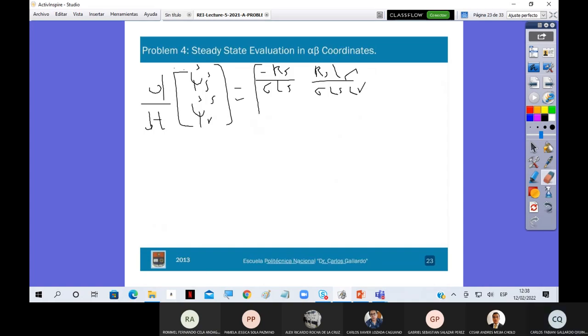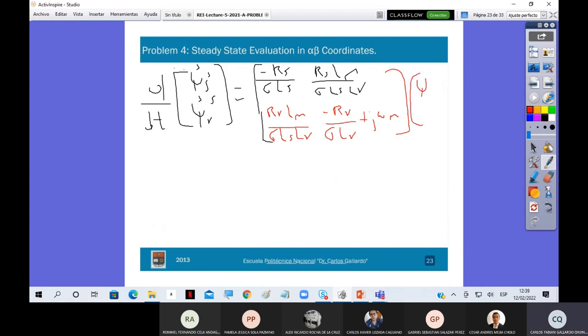In the second row, I will have the rotor resistance times the magnetizing inductance over the stator inductance times the rotor inductance, and minus the rotor resistance over the rotor inductance, plus the time of the flux.